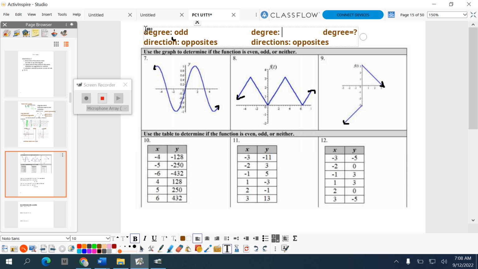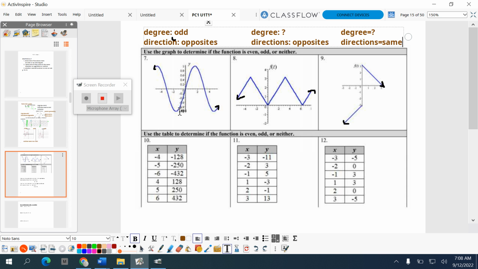I put a question mark there because it looked even, and it's not. All right. Now, direction equals same. Both of them are pointed down. All right. So finally, let's determine if they are even or not.